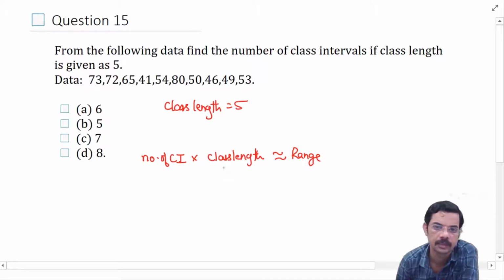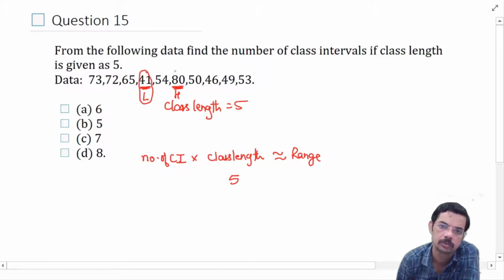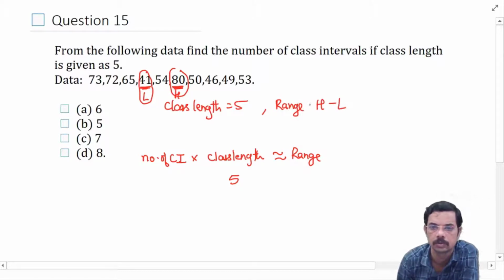So here in this case we have the class length. What is the class length? It is given as 5. What is the range? Range is nothing else but the highest observation minus the lowest observation. Here, we observe that 80 is the highest observation, and the lowest observation is 41. So range will be equal to 80 minus 41, which is equal to 39.